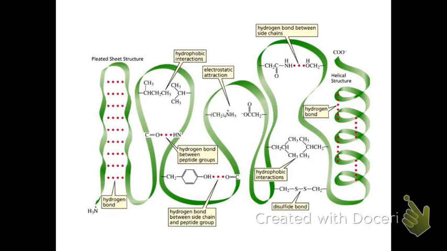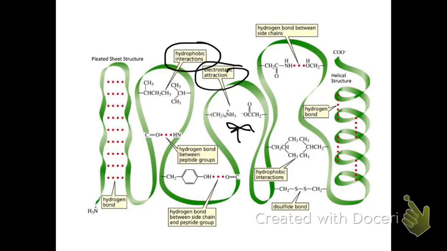Okay, so here's a diagram of basically all the different interactions between the R groups that can be made. We'll point these out. You have hydrophobic interactions between nonpolar groups. We have electrostatic attractions between charged groups. Notice they're charged here. So these are ionic bonds between these charged side chains.